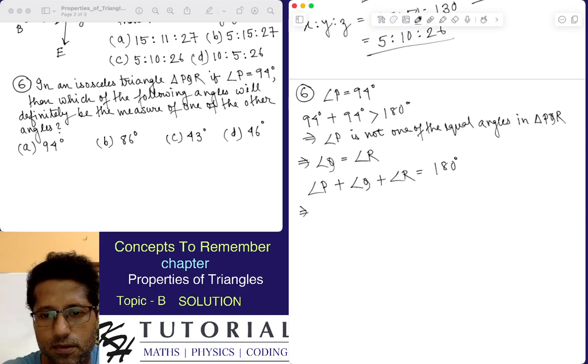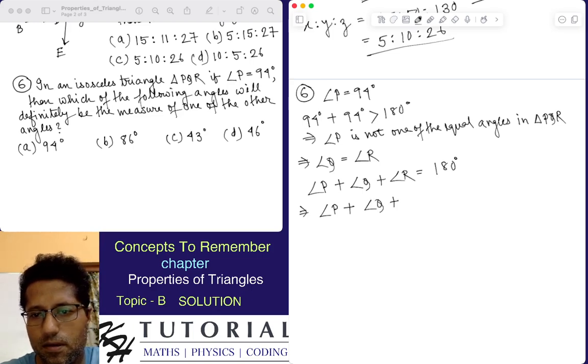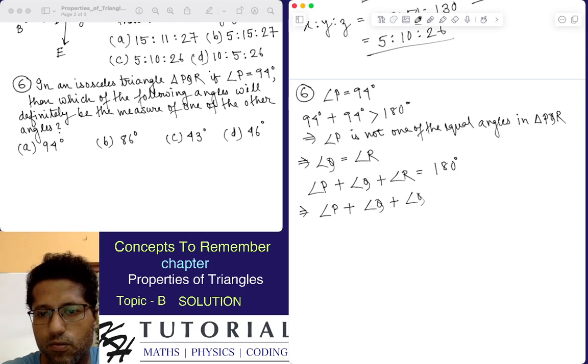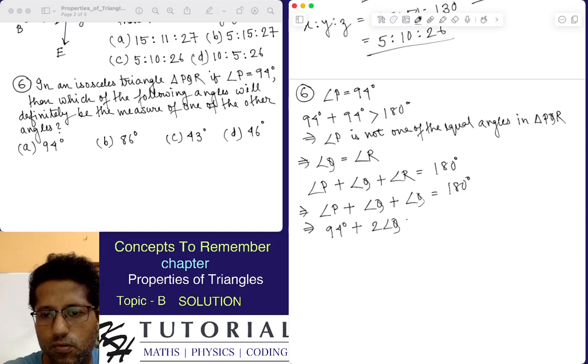Now this implies angle P plus angle Q plus angle R, we can write it as angle Q plus angle Q, this is equal to 180 degree. Angle P is given to be 94 degree. So we have 94 degree plus twice of angle Q is equal to 180 degree.